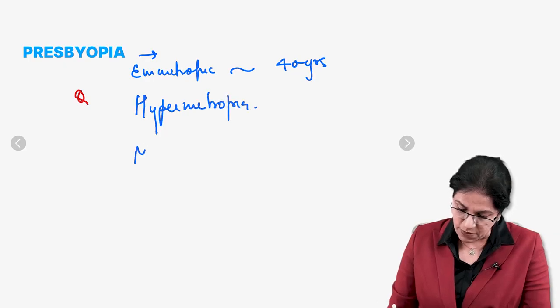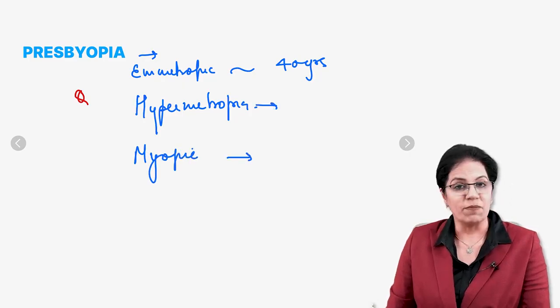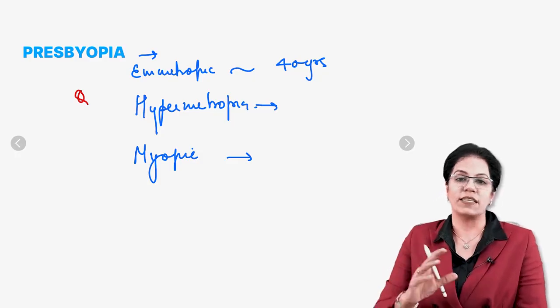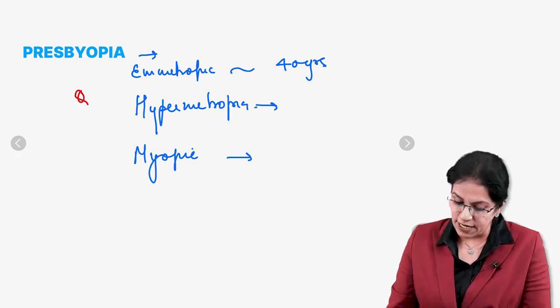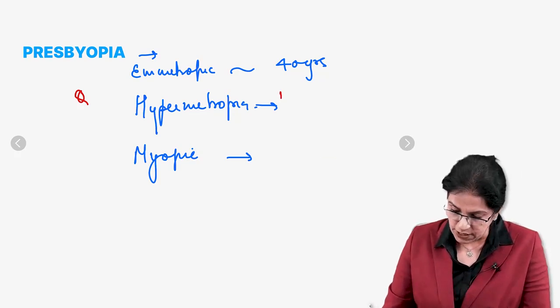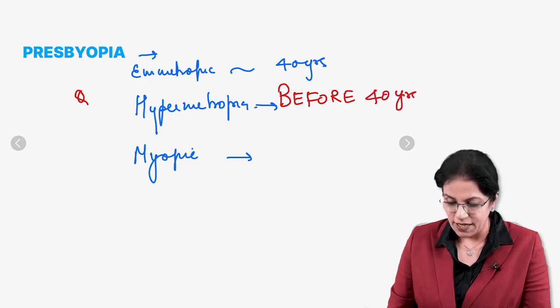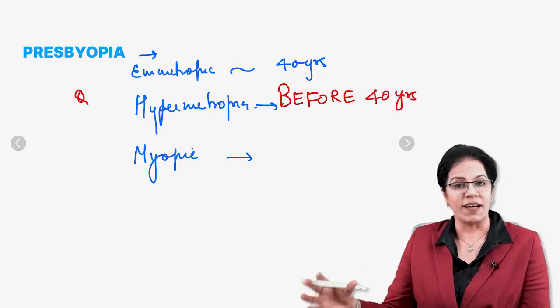And if your patient is myopic, will it set early or late? Think with me. Hypermetropia is already less power. Presbyopia is again a problem of less power for near. Therefore, if the patient is hypermetropic, it sets in before 40 years. Got it? Because there is already less power.